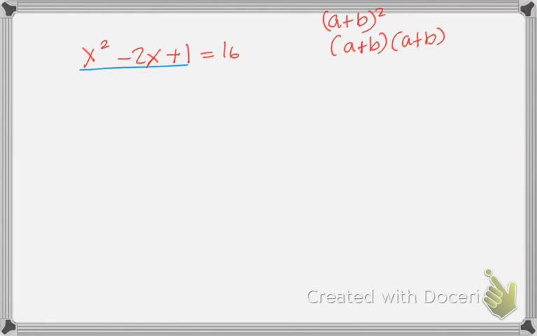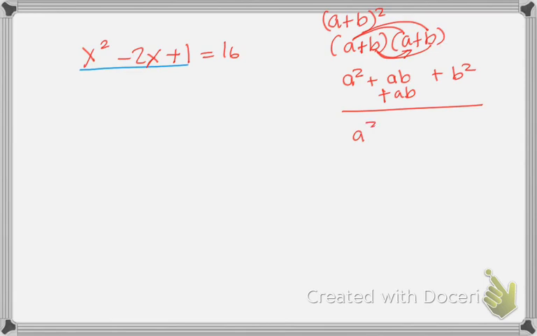And if I FOIL that, I'm going to get a squared plus ab plus another ab, and then plus b squared. So that makes a squared plus 2ab plus b squared.